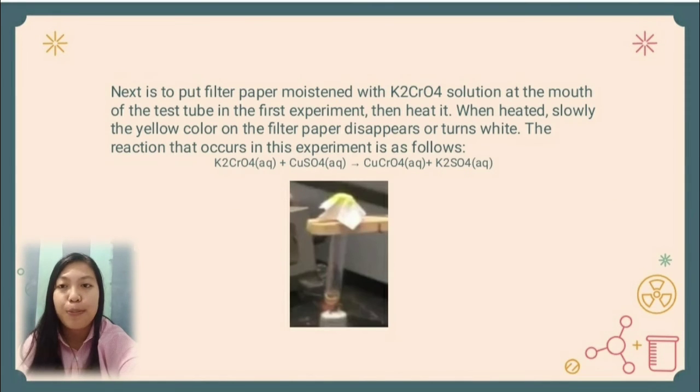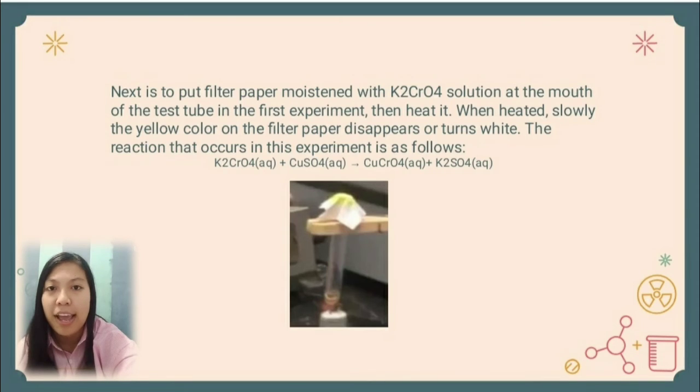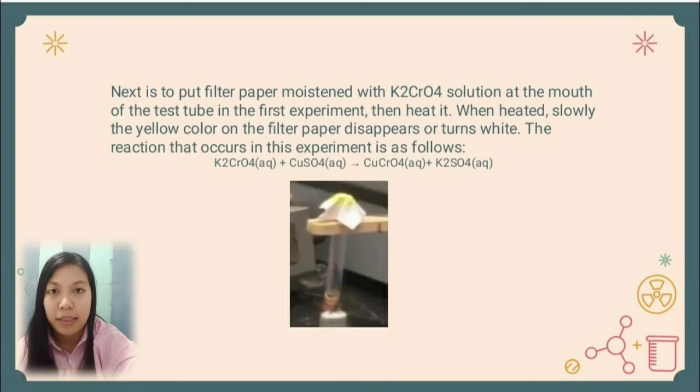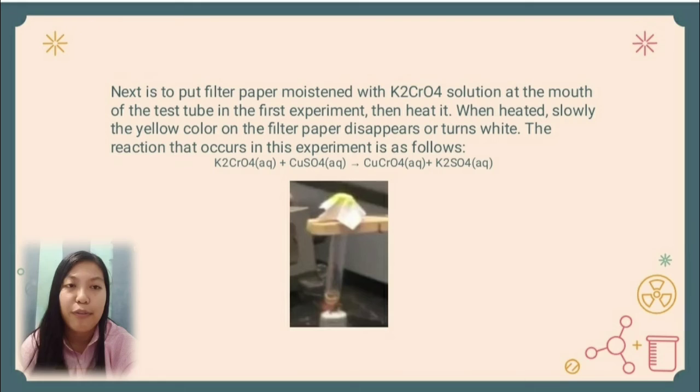Next is to put filter paper moistened with K2CrO4 solution at the mouth of the test tube. Then heat it. When heated slowly, the yellow color on the filter paper disappears or turns white.